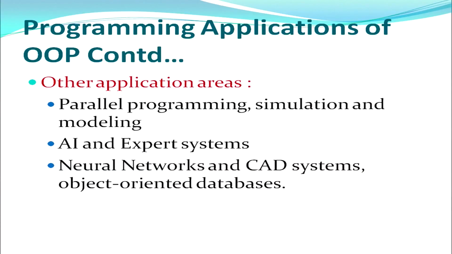Other application areas are parallel programming, where multiple jobs are being executed by the processor, simulation and modeling, artificial intelligence and expert systems, neural networks and design systems, CAD as design systems, and object oriented databases. So, all these are applications of object oriented programming that are being used in software companies nowadays.